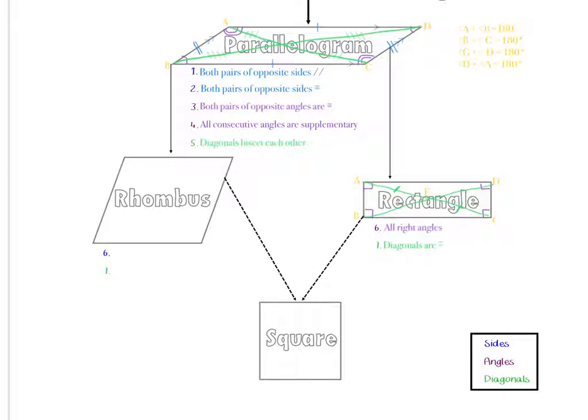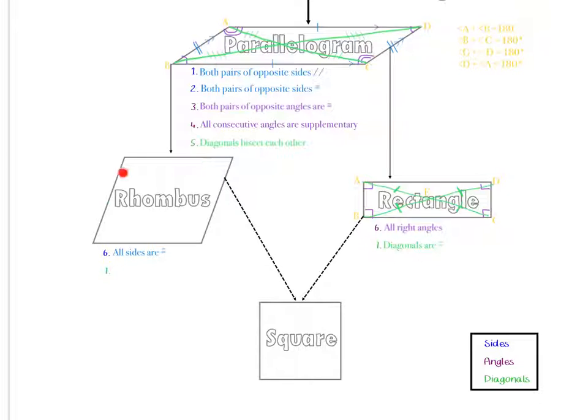But since AC and BD are also congruent, that means they're also going to be congruent to the 2 pieces there. So if this is 10, that makes this 5 and 5. And since diagonals are congruent in a rectangle, this will also be 10, which makes these 5 and 5. So in a rectangle, each of those segments are going to be congruent to each other.